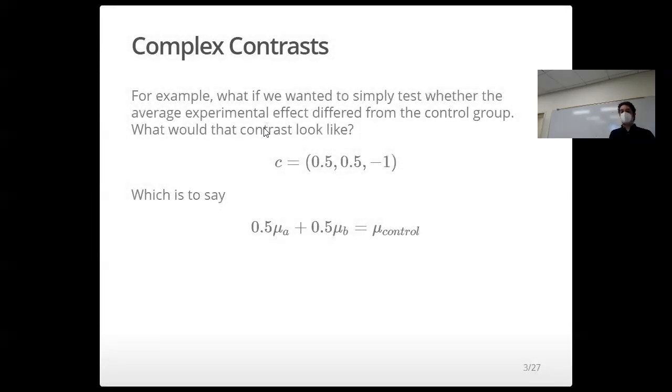So we could have our two experimental groups get a contrast of 0.5 and our control group get -1. Essentially, this is saying that the average value of the two experimental group means, group 1 plus group 2 divided by 2, is the same as the control group.